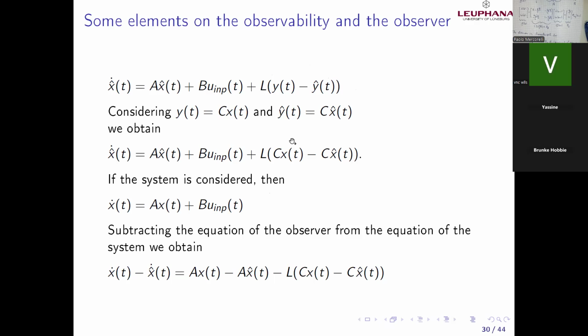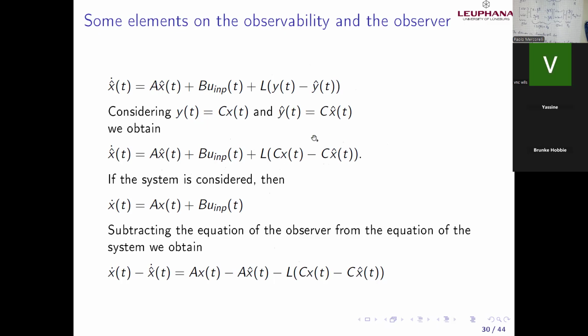Here, if you look at this, we have this element, which is the model basically, but with hat, because we will see that it's not exactly x equal x hat. We will obtain that thanks to the matrix L. And then we have the error between what I am measuring and what I am observing.